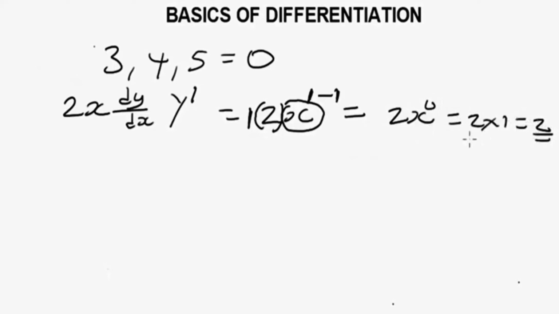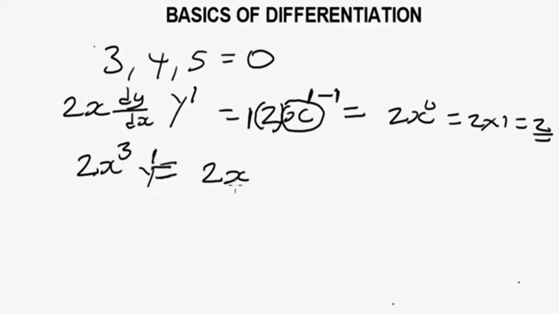Let's look at another problem. Let's say we are given the function 2x raised to power 3. What will be the first derivative, y prime? It's very simple, guys. Remember, we're looking for y prime.